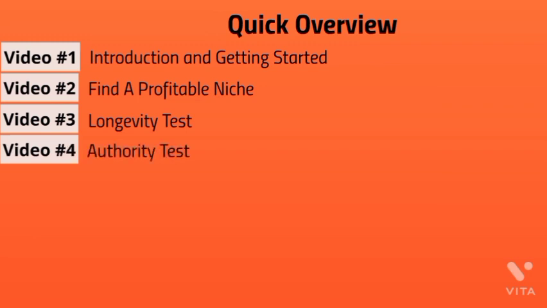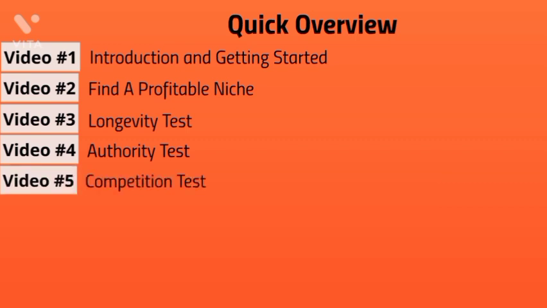And video number 4, we're going to talk about the authority test to make sure that you are indeed the authority. How do you know? We'll ask some questions that you can answer. We'll put you through some tests to make sure that is the case. And of course, number 5 is going to be the competition test to make sure that you have enough competition.